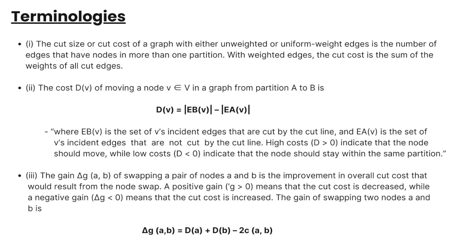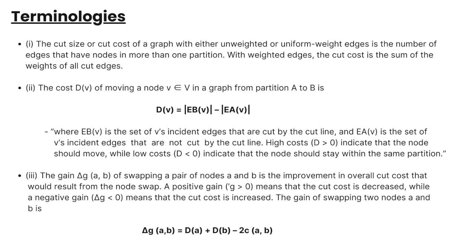Here we have some terminologies for the KL algorithm. The first one is cut cost or cut size. If we have an unweighted or uniformly weighted graph, then cut cost is the number of edges that participate in more than one partition, and for a weighted graph, cut cost is the sum of weights of the edges that are cut by the cut line. Second one is the cost function dV.